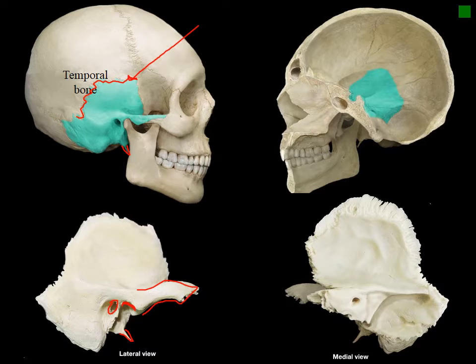We see this area that protrudes downward like a little point or stylus. We see it on this view as well. That's going to be the styloid process. We can see this little area here, this little curved area. This area is going to be called the mandibular fossa, and that is where the mandible will insert. And that is what forms your jaw joint, your TMJ.